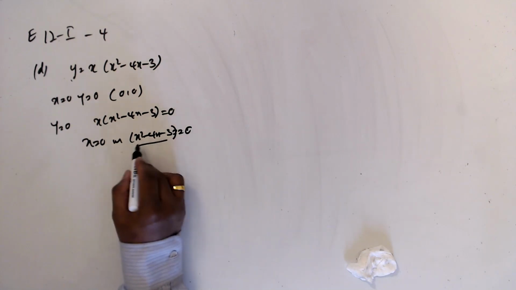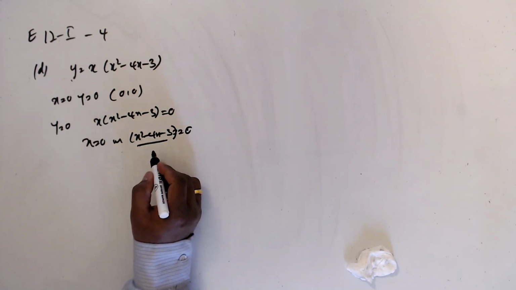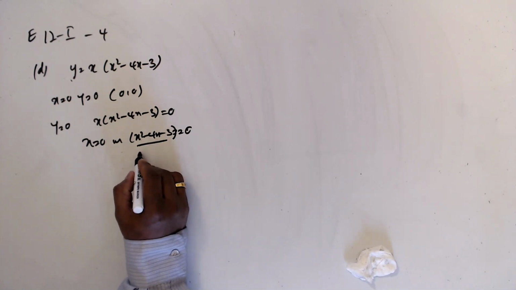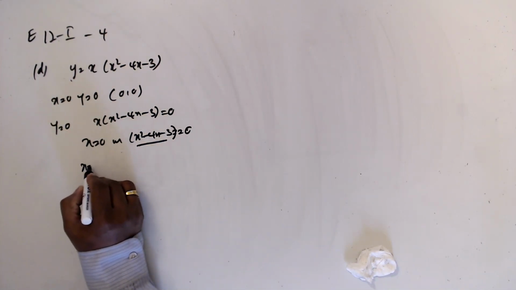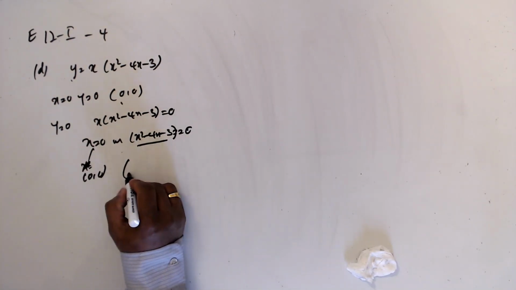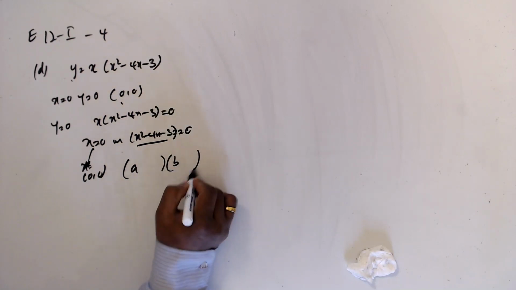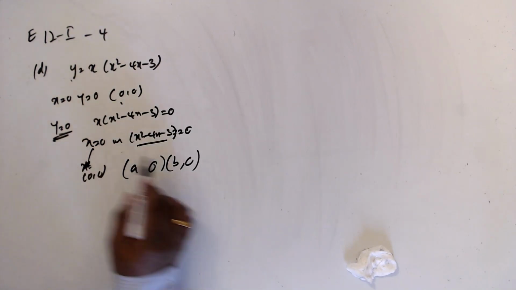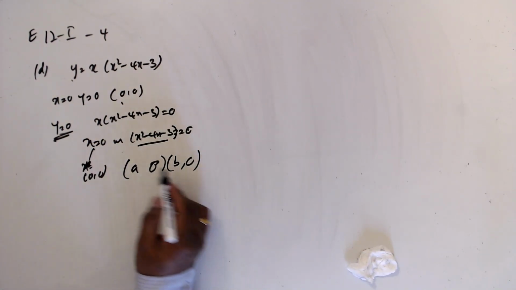Now this is a quadratic equation. By the quadratic formula, you can find 2 points. So x equals 0 gives (0, 0). We got two x values, let's call them a and b. Then it will cut the x axis, because we took y as 0.